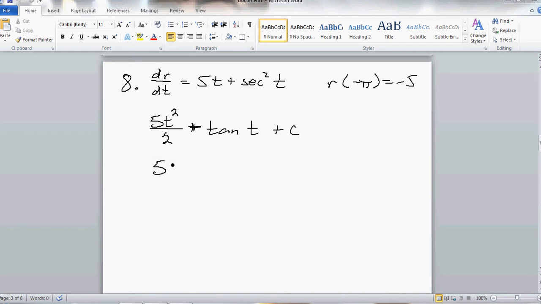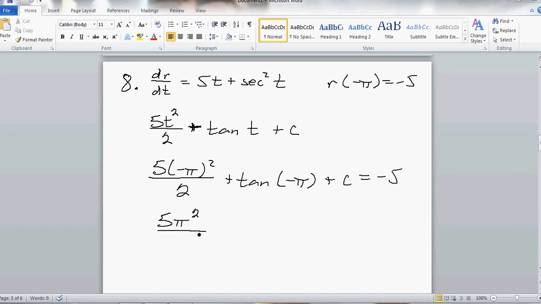So that would be 5 times -pi squared over 2 plus the tangent of -pi plus c equals -5. So this is 5 pi squared over 2. The tangent of -pi is 0.